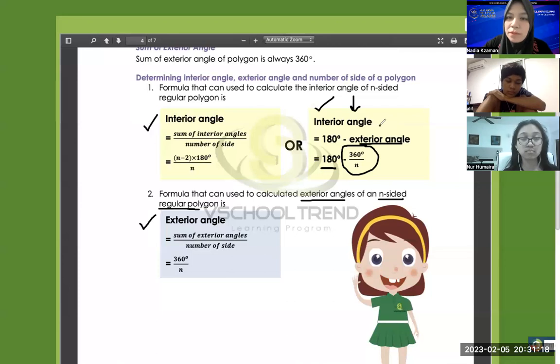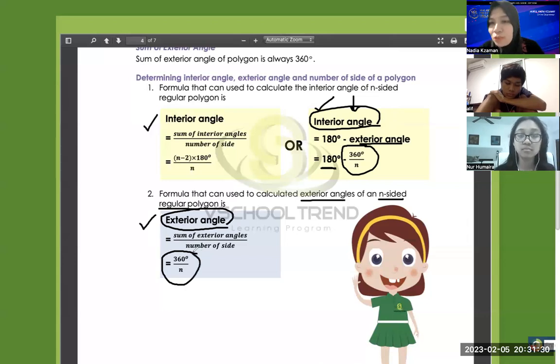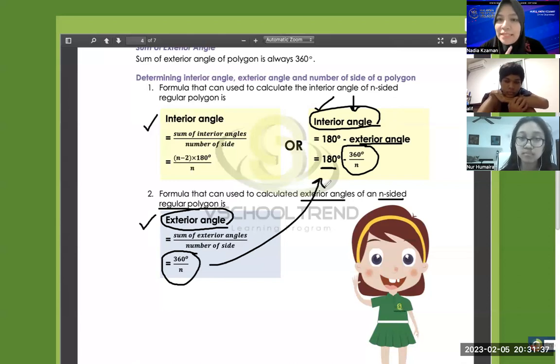So you have to remember this is for interior angle and this is for exterior angle. For exterior angle, it is much easier because you just need to remember this one. So can you see that it is related? That is an easy way of remembering the formula. It is related for interior and exterior. So it can help you a lot here.